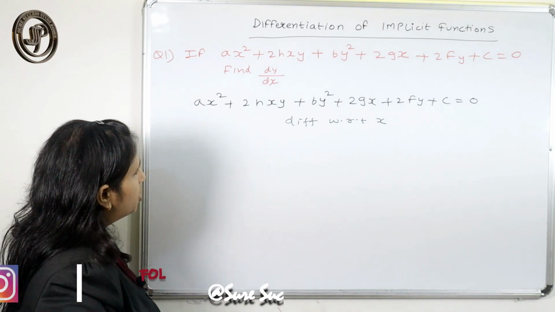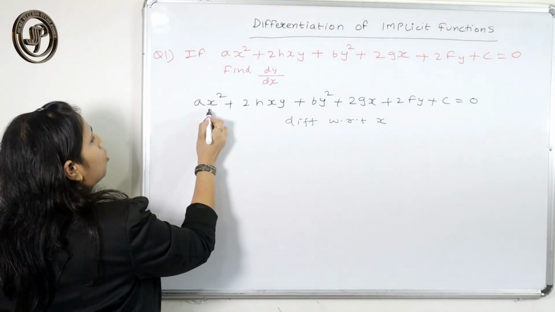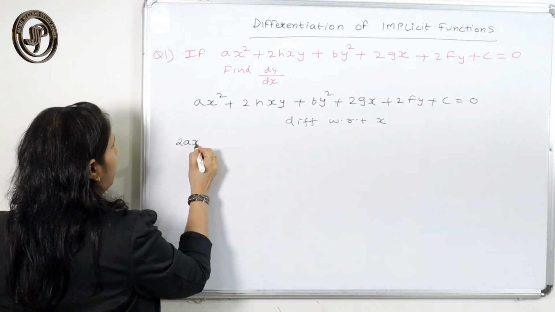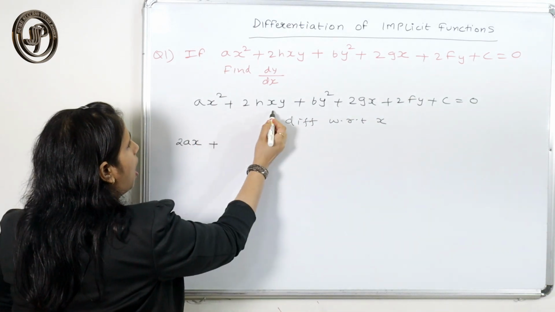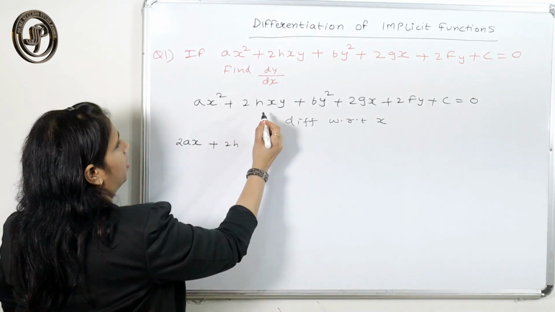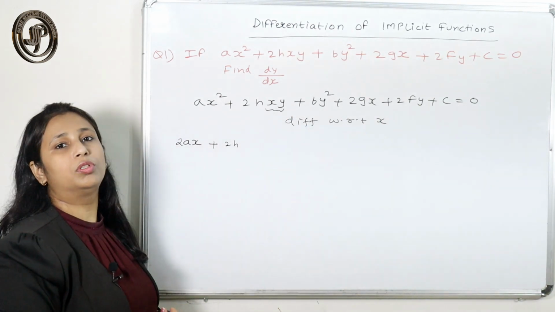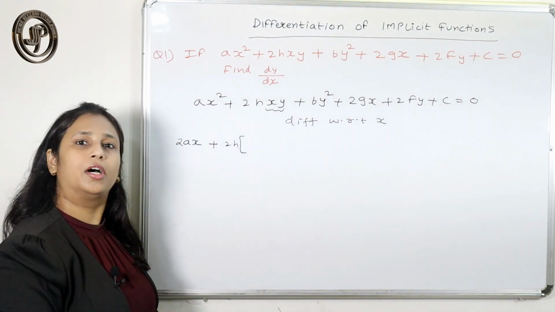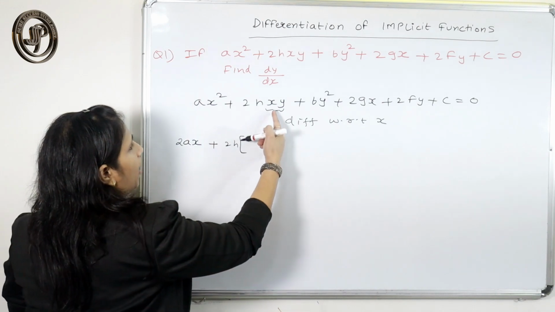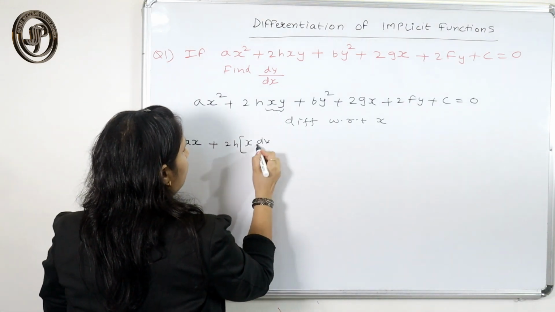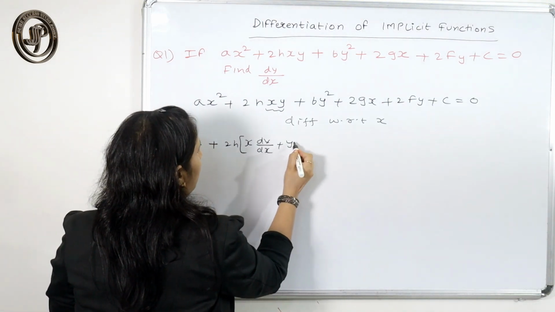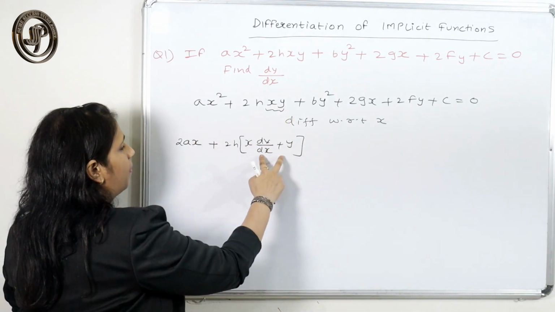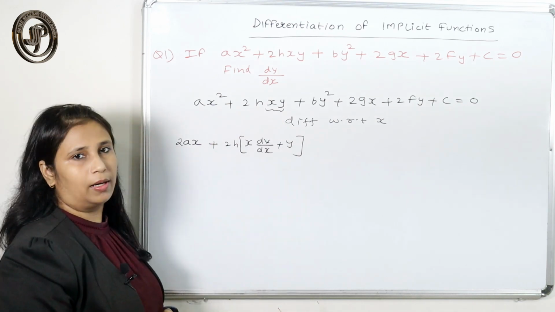Differentiating, x square gives 2x, so we get 2ax plus, now 2h is constant, but how do we differentiate xy? Here we have to apply the product rule: y is dy by dx, plus y as it is and x is 1. So I have simply applied the product rule.